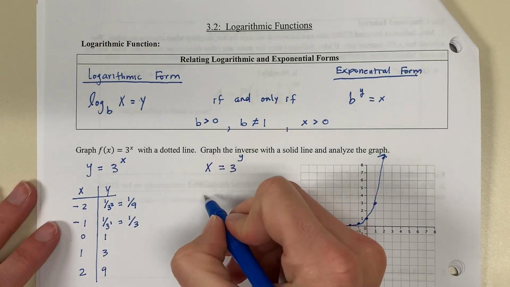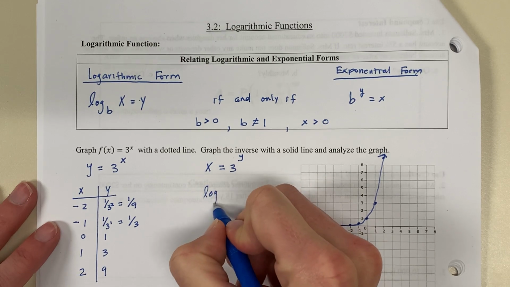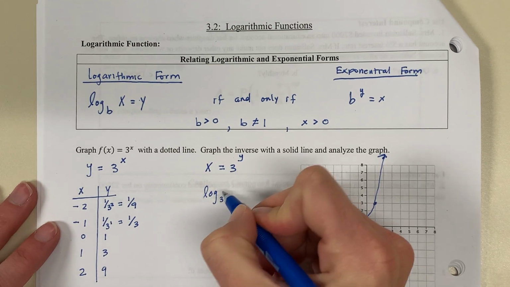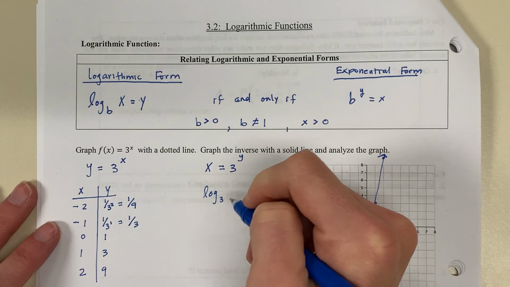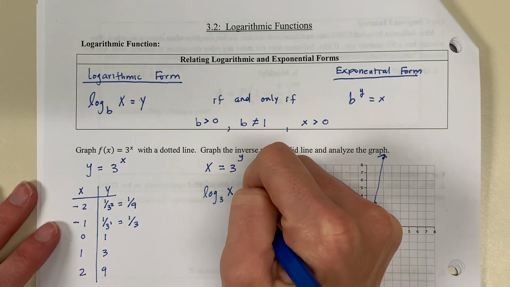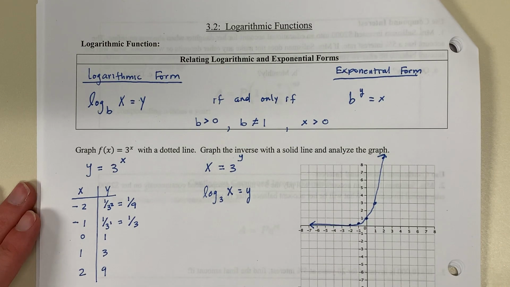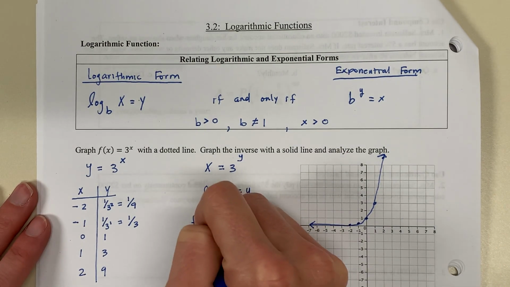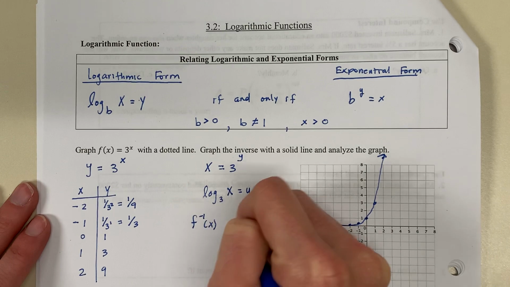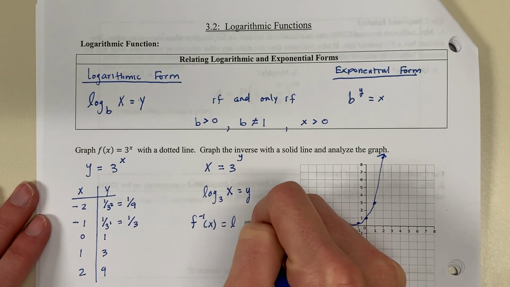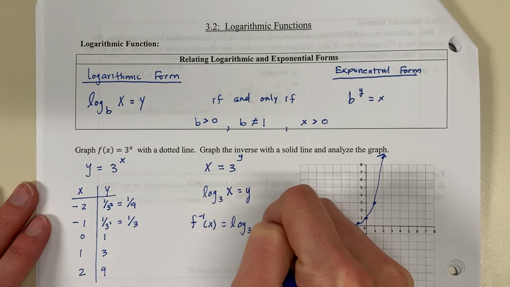So this would be log base 3 of x is equal to y. So my inverse function, f to the -1 power of x, is log base 3 of x.